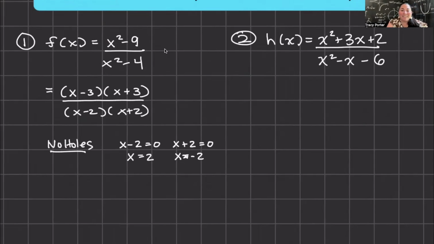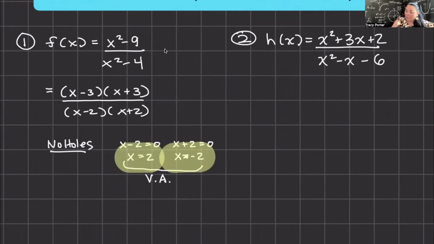So when x is 2 and negative 2, both of those will be vertical asymptotes. And so that would be your answer for this particular problem, right? No holes. And the vertical asymptotes would be at 2 and negative 2.